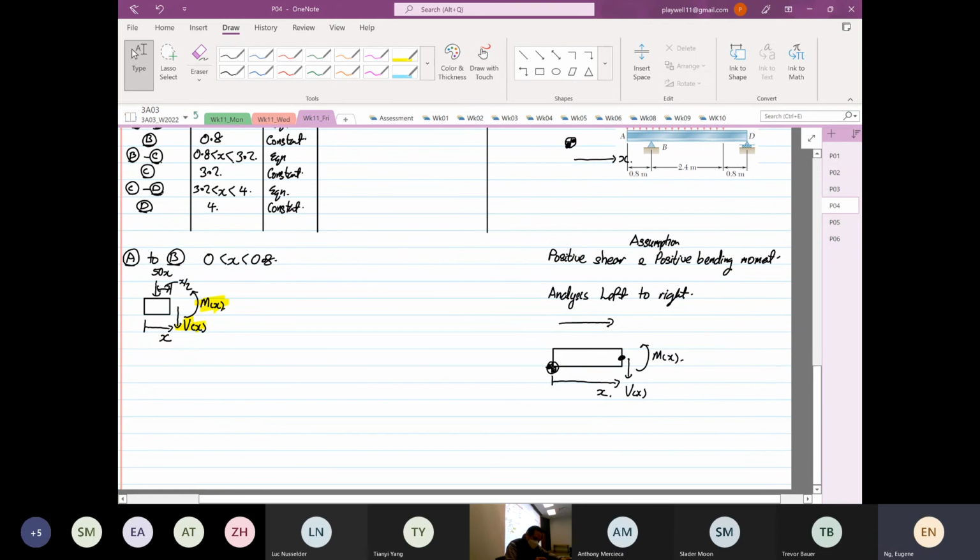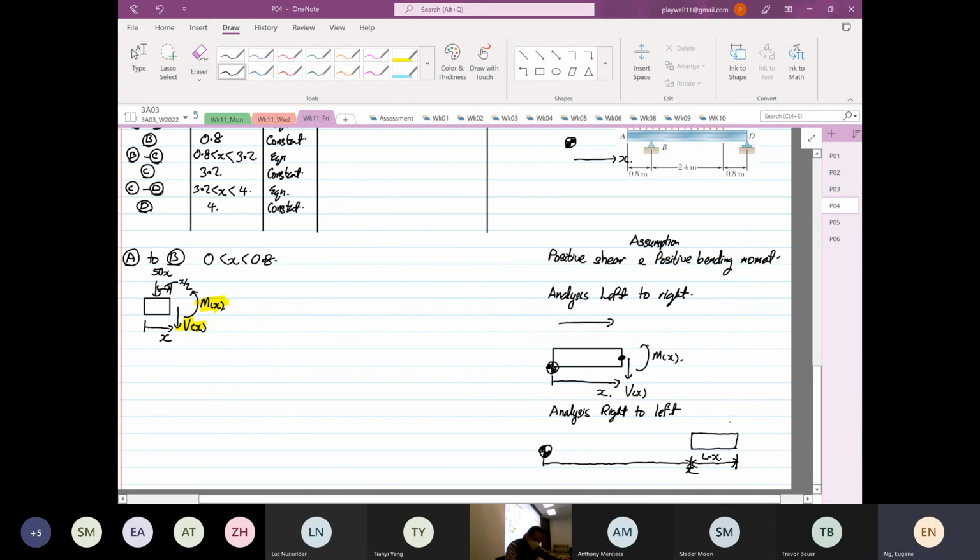Then if we were to do analysis from right to left, watch this, this is where it's important. The geometric datum did not move. It is still in the same position. However, now this is your x distance, and this is where your beam is, and the distance from here to here is L minus x.